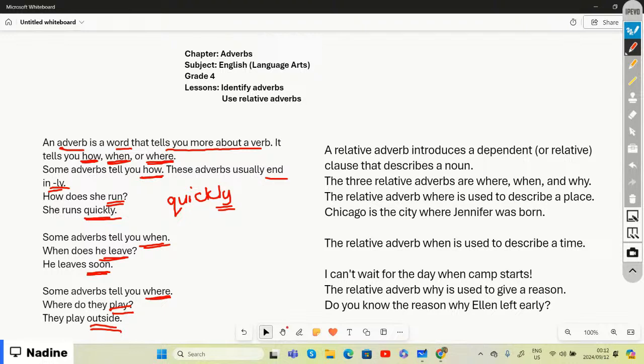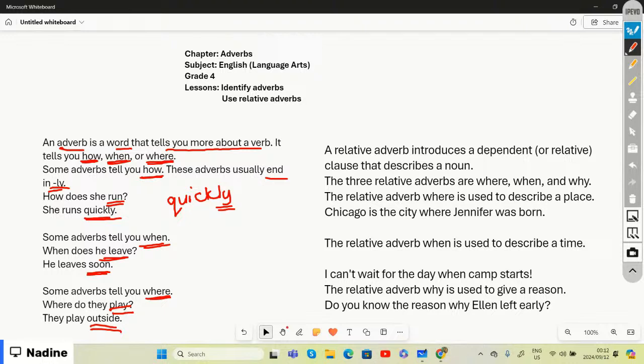Once again, we said some adverbs tell you how, some adverbs tell you when, and some adverbs tell you where. Adverbs that tell you how usually end in ly, like quickly, hurriedly, sadly.